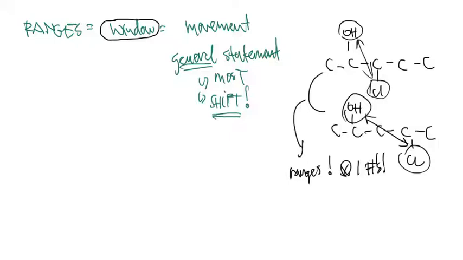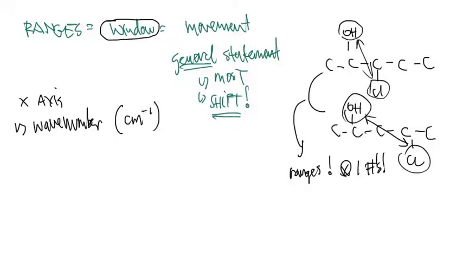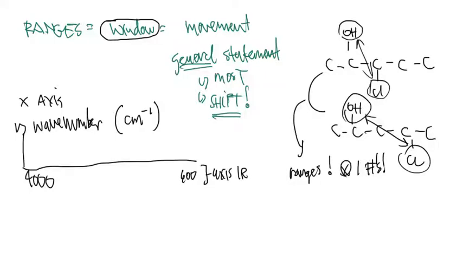Well, on the x-axis is wave number, and wave number is provided in per centimeters. So it starts at 4,000 and it ends at 600. This is the traditional axis that we find in infrared.